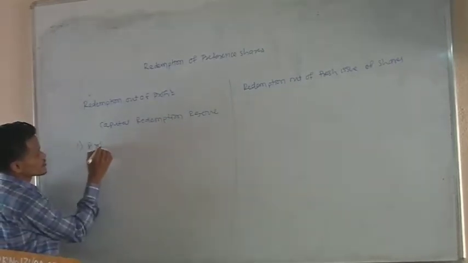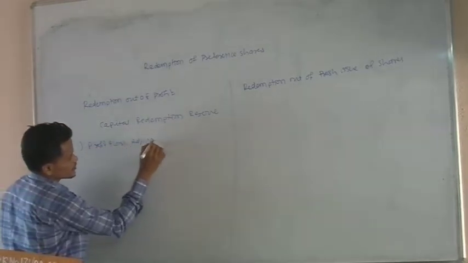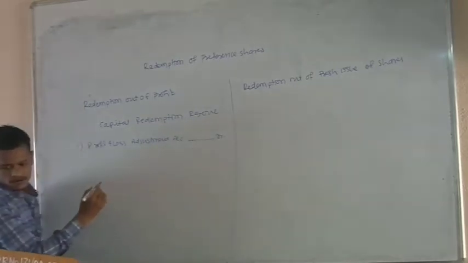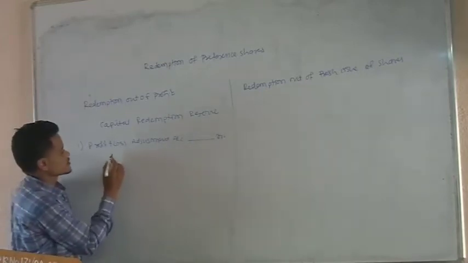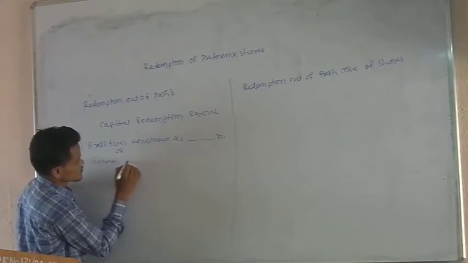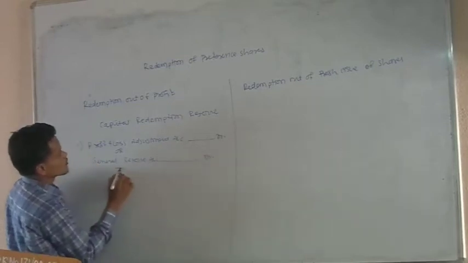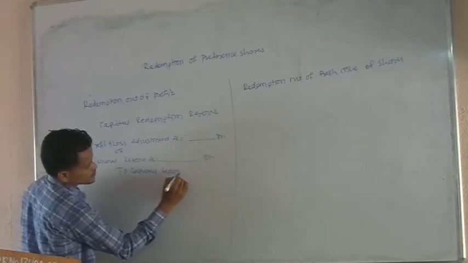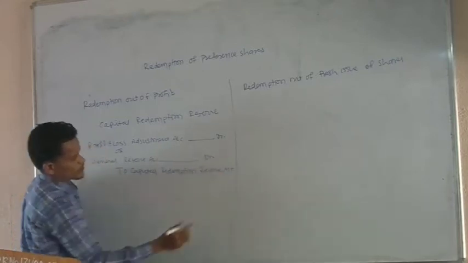That entry is: profit and loss adjustment account debit, or general reserve account debit, to capital redemption reserve account.